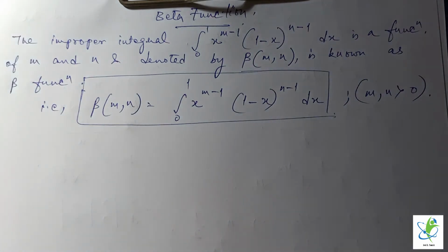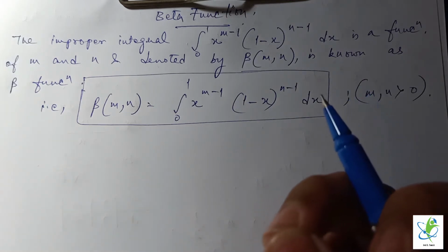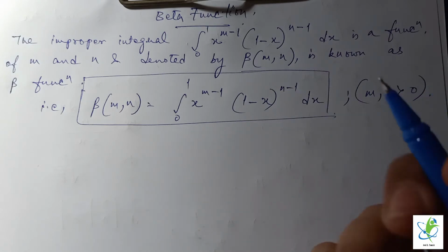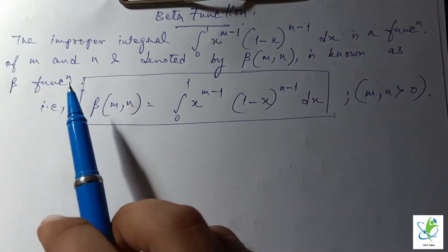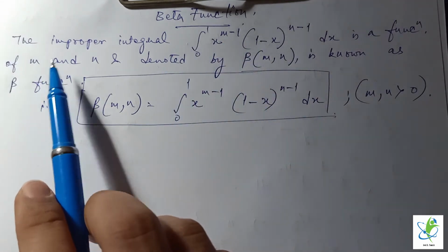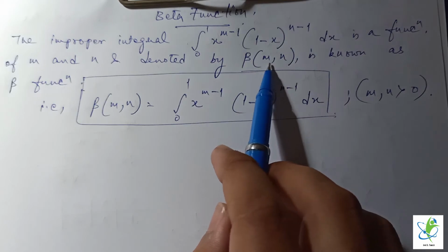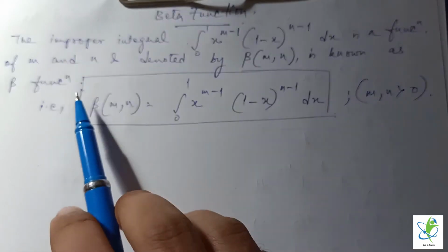In gamma function we understood that it was only a function of n, but in beta function you have two variables on which the whole integral is dependent, that is m and n, and it is denoted by beta within brackets m and n, known as beta function.